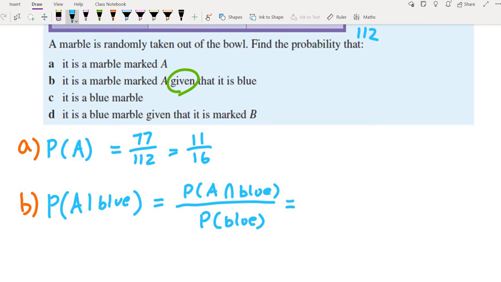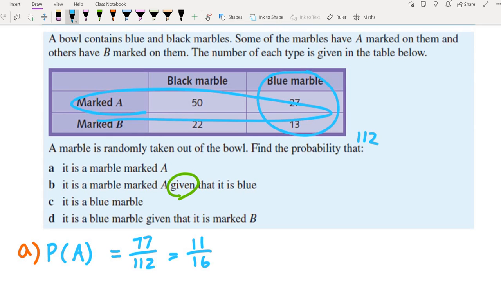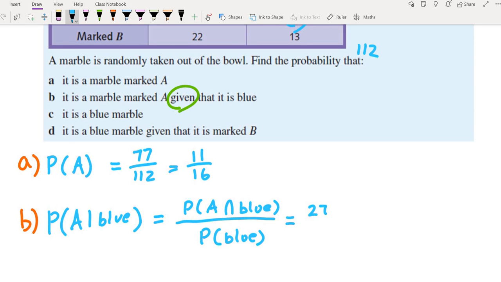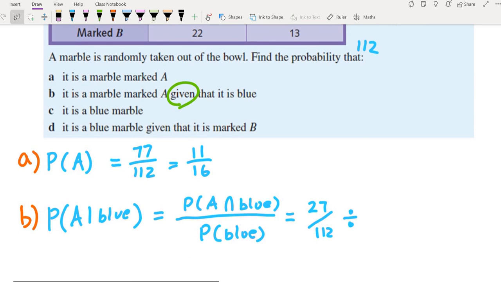To do that, we want A intersection blue, so marked A is here, blue is here, so where they intersect is this bit here. So we've got 27 out of how many? This many, divided by the probability of being blue, which is just these two here, and that's 40.